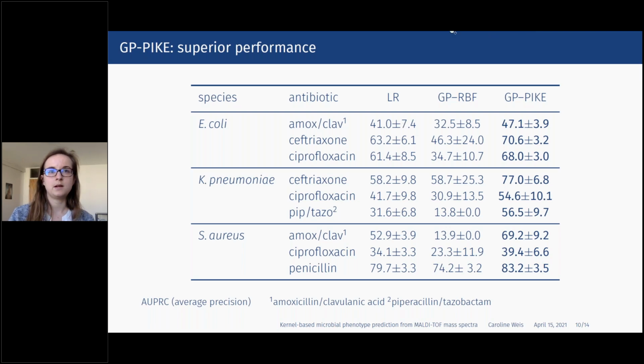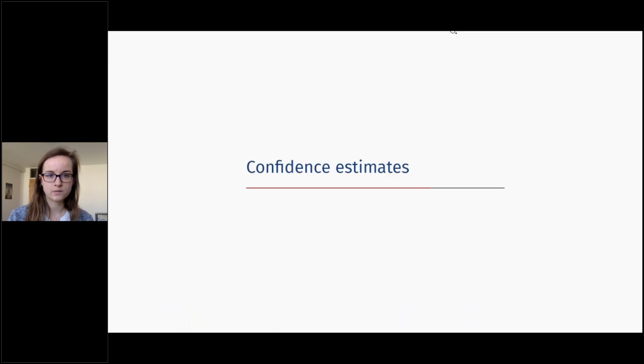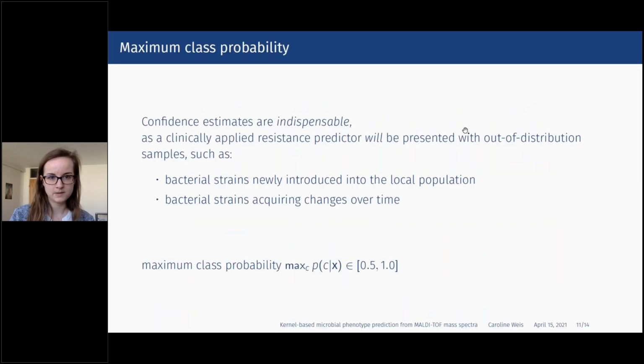So we quickly looked into confidence estimates. We would argue that assessing the confidence of your prediction, so whether the classifier is sure of the output that it's giving you or not, is indispensable in this field of application.